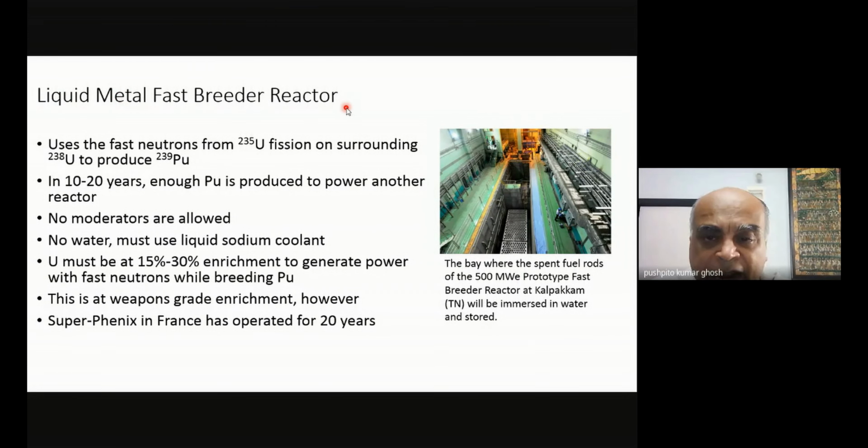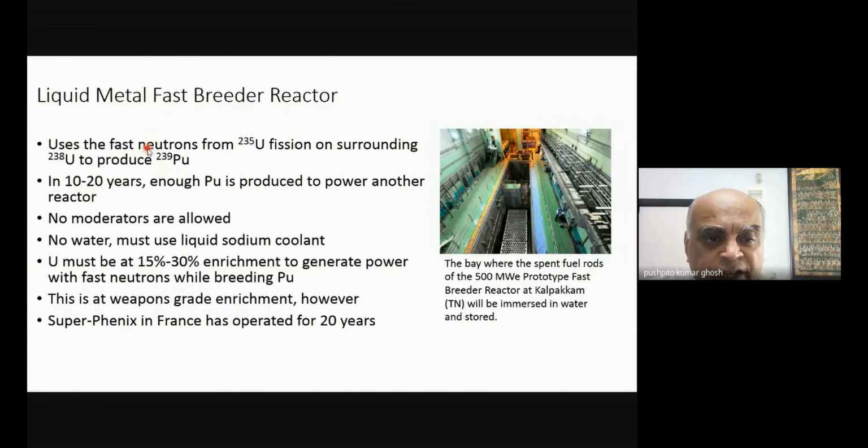Effectively, you don't use water in this system. We talked about water, because water will slow down the neutrons. So what you do is use liquid sodium. Liquid sodium is what takes up the heat from the neutrons, and you're not slowing them down with the help of water.